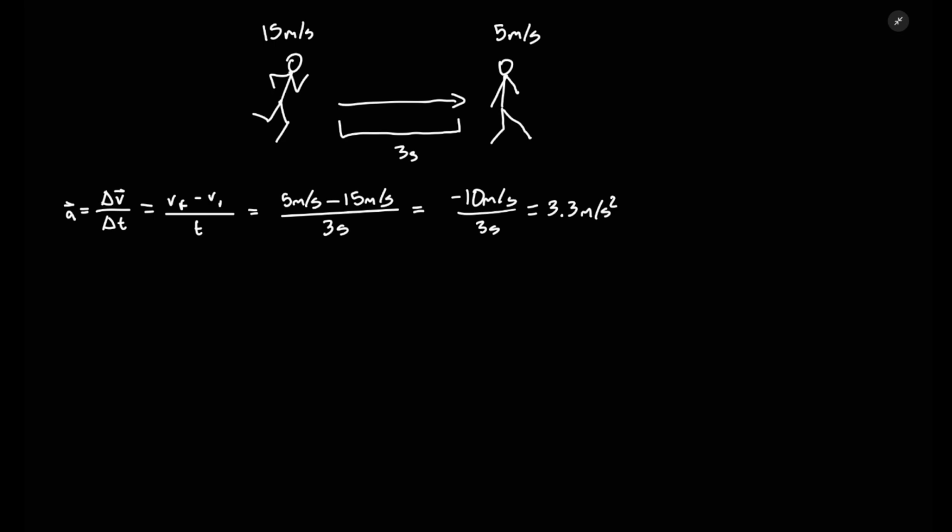While you're doing the calculations, you don't really want to use significant digits, but when you're presenting your answer, you will be required to present significant digits for multiple reasons. One being that it's just convenient, makes things easier to read, and you will lose marks if you don't. If a test ever happens and you decide not to put significant digits in your answer, you are going to lose marks on that test. So our answer is 3.3 meters per second squared.